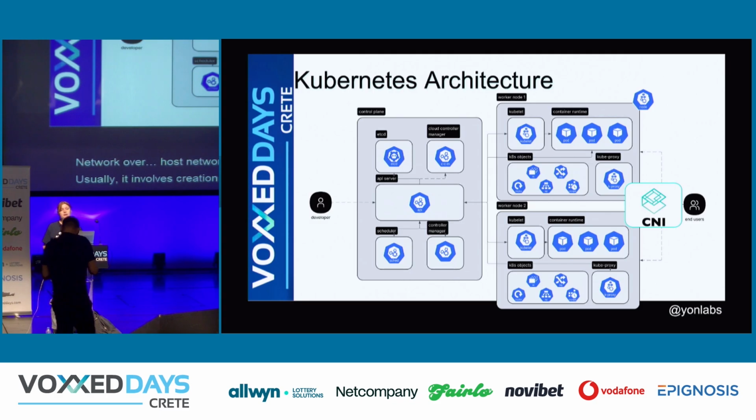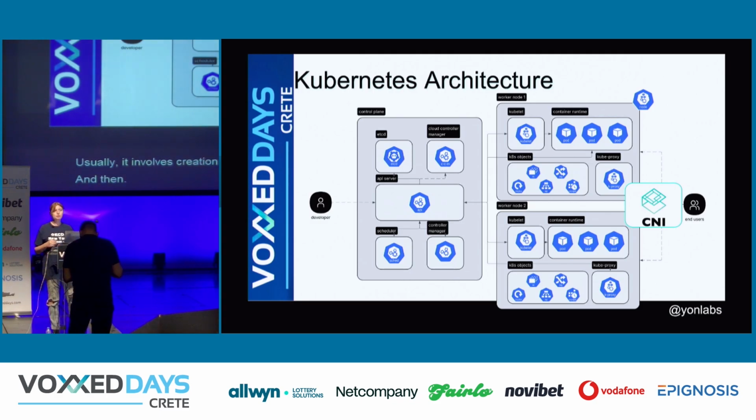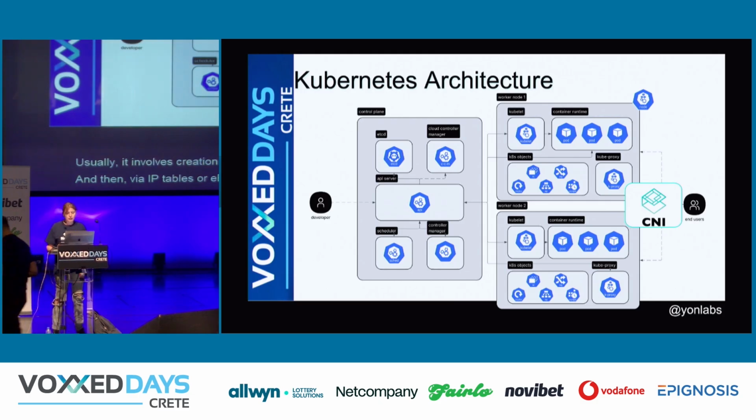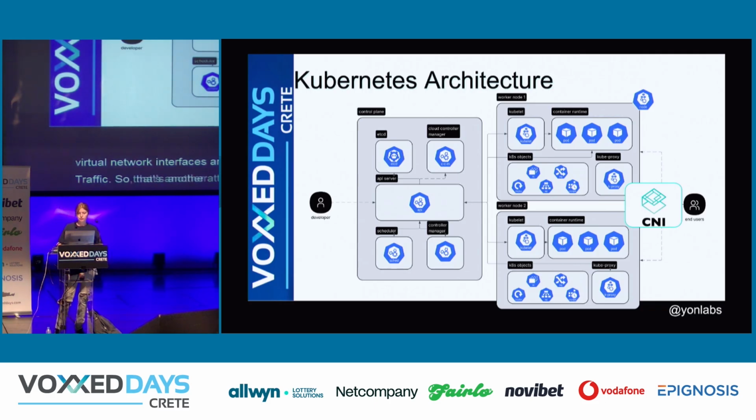And then, via IP tables or eBPF routing, the traffic is forwarded from one pod to another. So once we get access to this overlay or host network, we can see those virtual network interfaces, and for example, we can sniff traffic. So that's another attack vector we are going to exploit today.